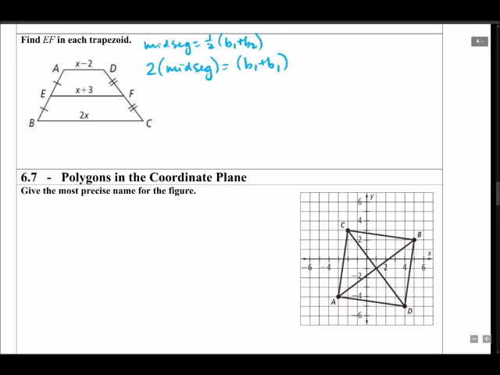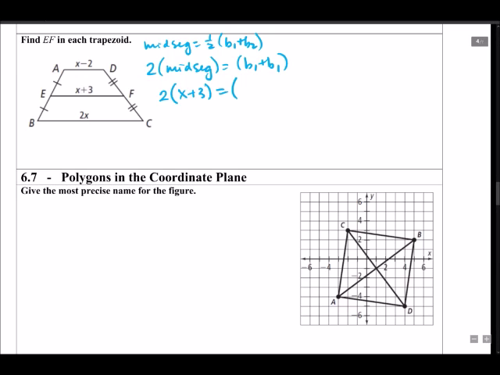You can use whichever one you like. I prefer to multiply by 2.